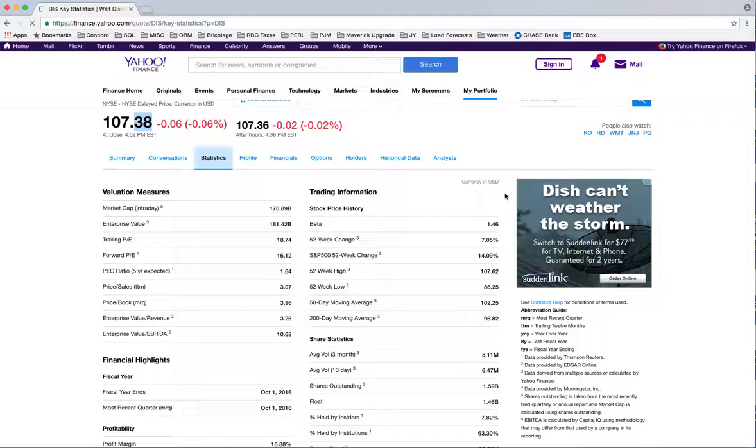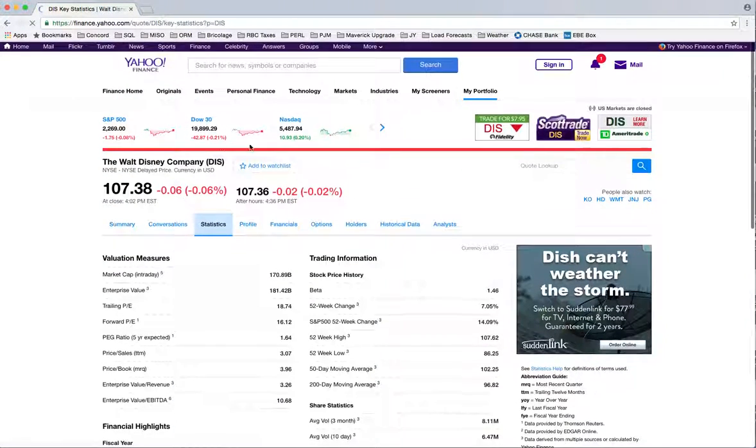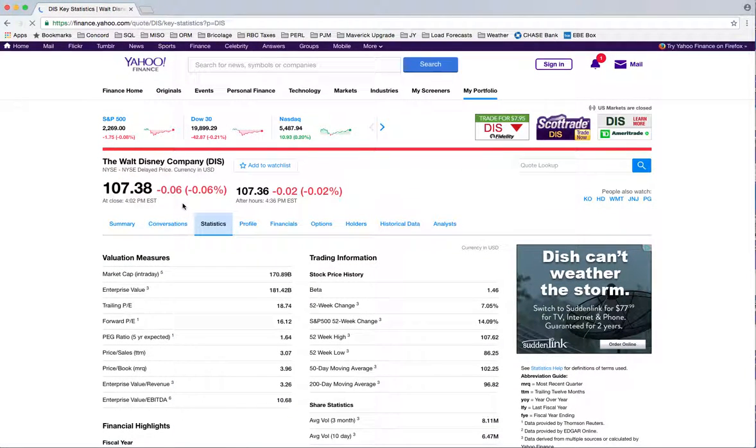And so if I have 1.5 billion shares and I get a third of a dollar on each of those, that's $500 million. So the company's gone up in value by $500 million from a market cap standpoint, just since I've been looking at this today. Not bad.